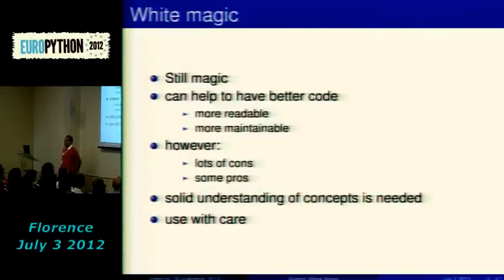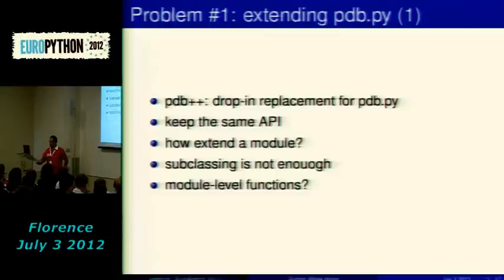That's why I chose to call it white magic, because yes, it's still magical in the sense that it's unusual code, but if it's used in the right places, it can help you have better, more maintainable code. Of course, there are cons, but there are also some advantages in doing this. But the important thing is that you really understand what's behind it and use it with care.